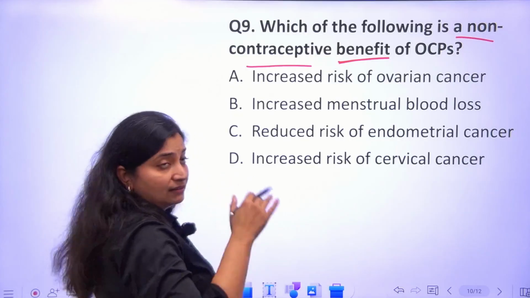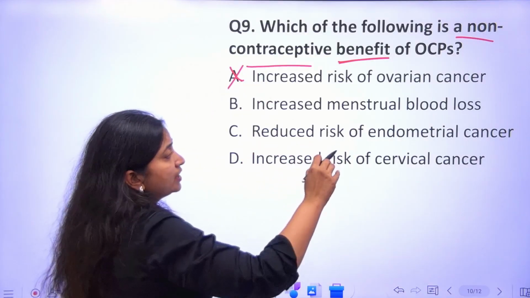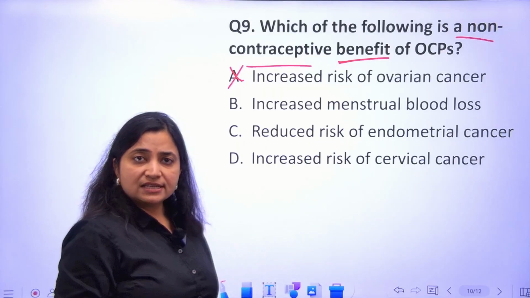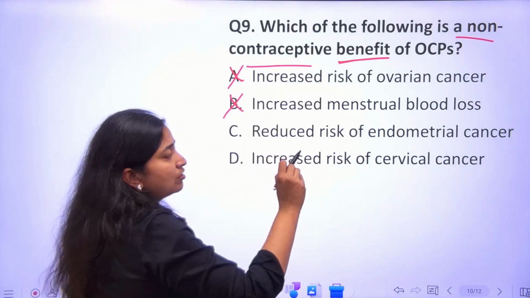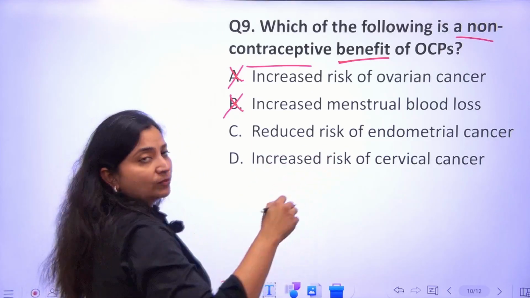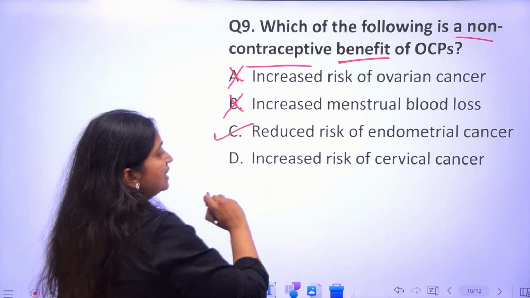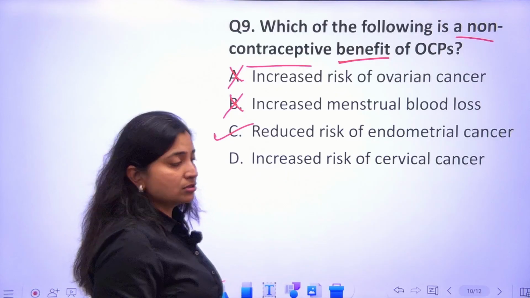In fact, it decreases the risk. So, no. Increased menstrual blood loss? No. We know it decreases the menstrual blood loss. Reduced risk of endometrial cancer? Yes, it decreases the risk of endometrial cancer. We have studied this. And increased risk of cervical cancer is not a benefit, it is a loss.